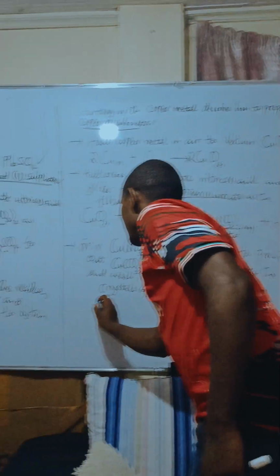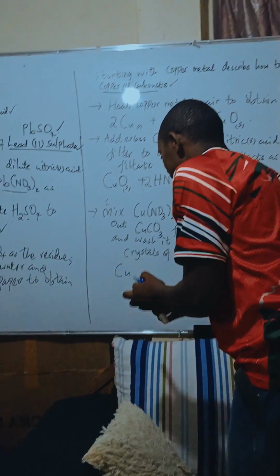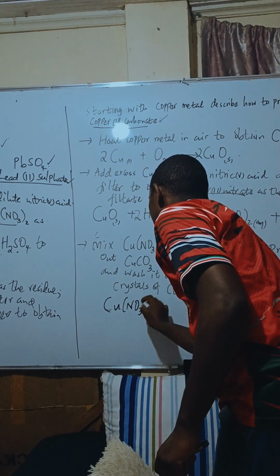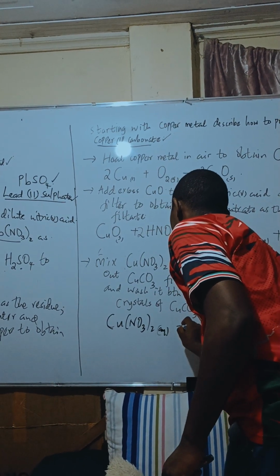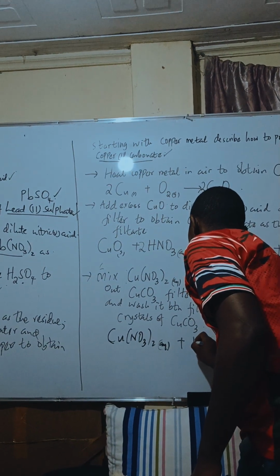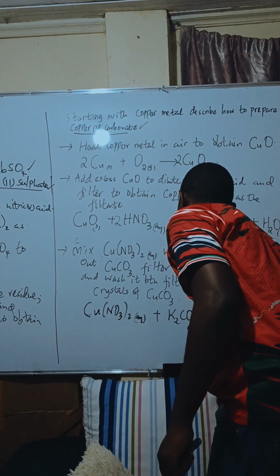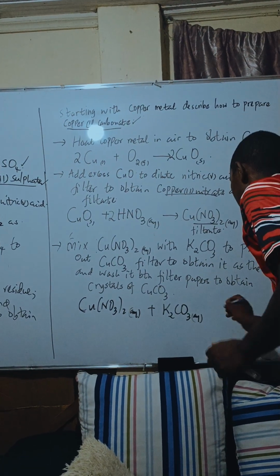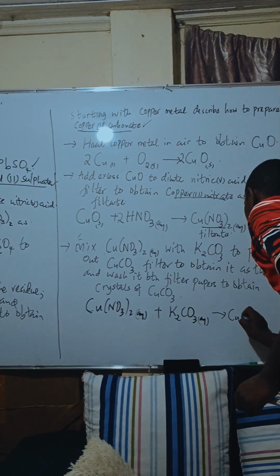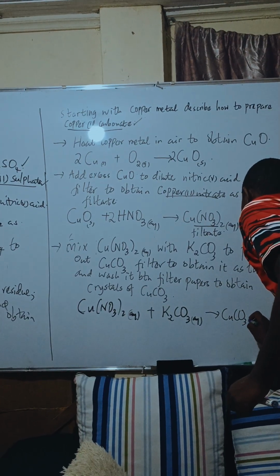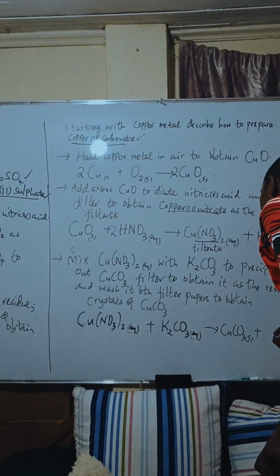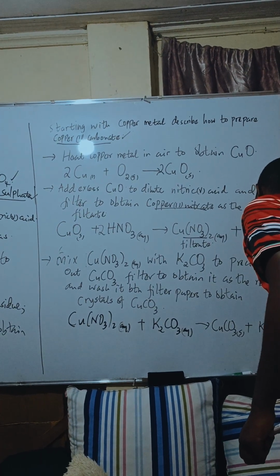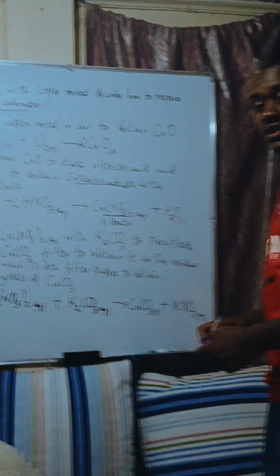So the equation will be copper nitrate aqueous plus potassium carbonate aqueous gives us copper carbonate solid plus potassium nitrate aqueous.